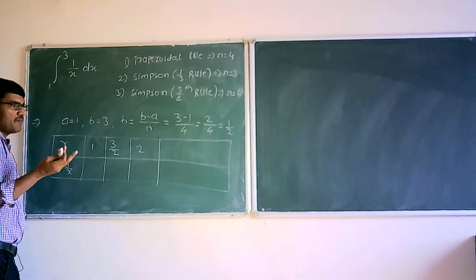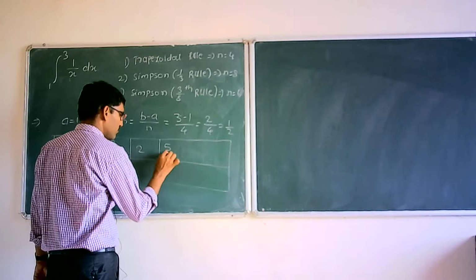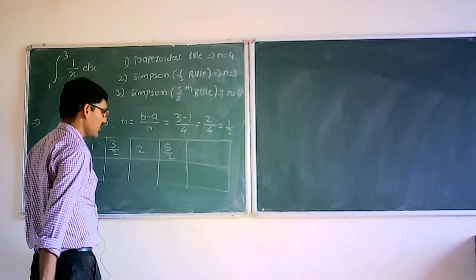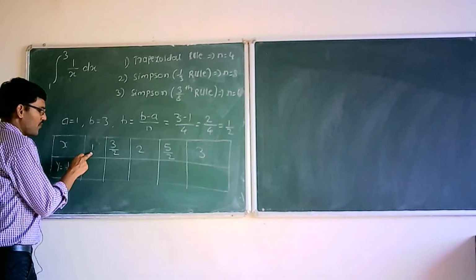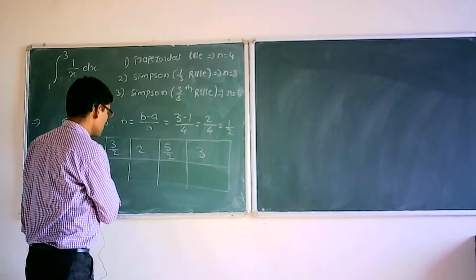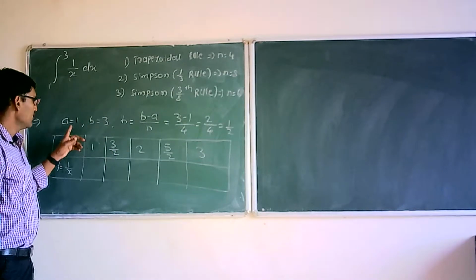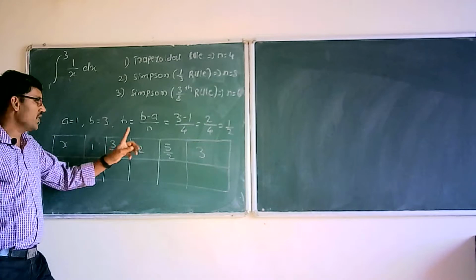Then 2 plus 1 by 2 is 5 by 2. And 5 by 2 plus 1 by 2 is 3. So we start from a and we reach up to 3. To obtain the value of x, we add h.